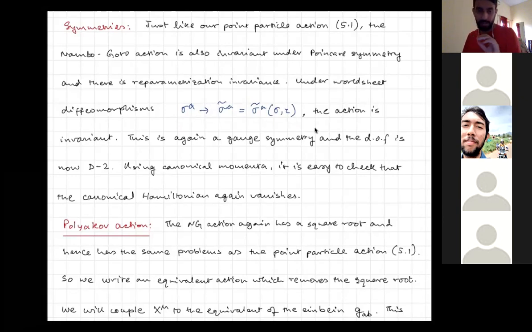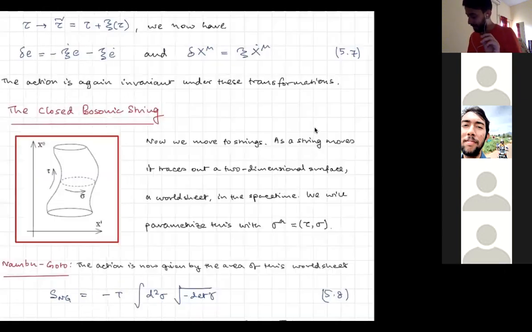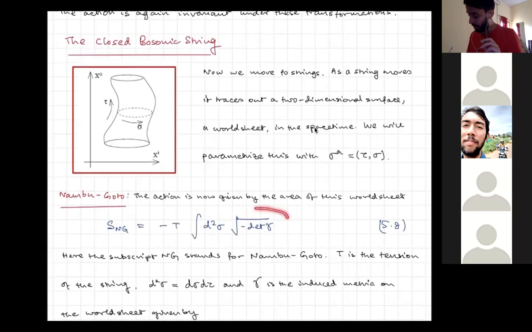But we are nearly at the end of the class, so let me just say how this goes. Again, this is an action which has a square root and it has a T in front of it. So it has the same sort of problems that we had in the point particle action.